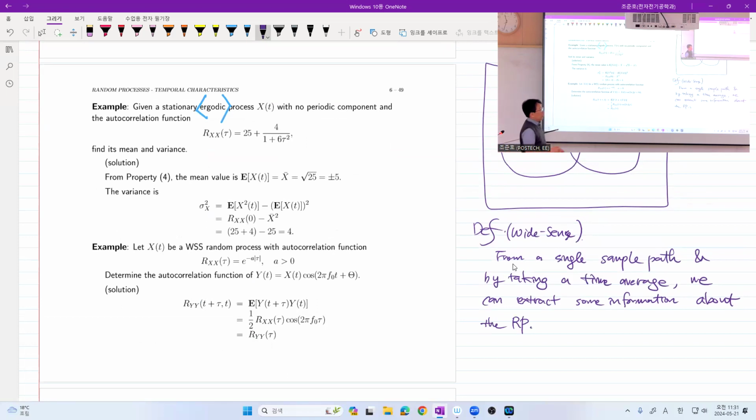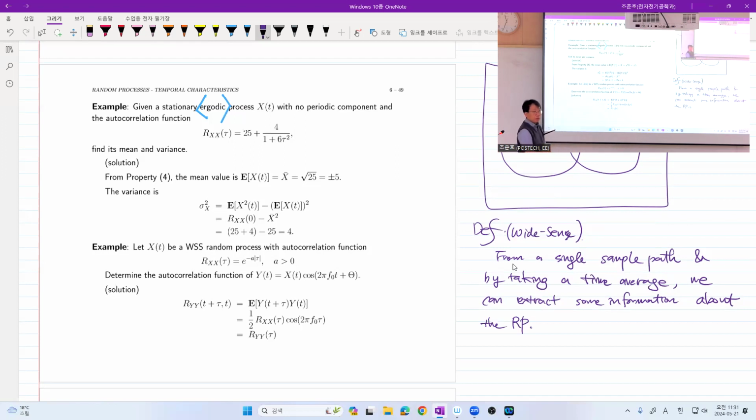By the way, what is the information about a random process? Of course, it's related to the first order, second order, third order, nth order CDF, PDF, PMF, characteristic function. Also, that information could be expected values: the mean path, autocorrelation function, some third order correlation function, fourth order, fifth order, that kind of thing.